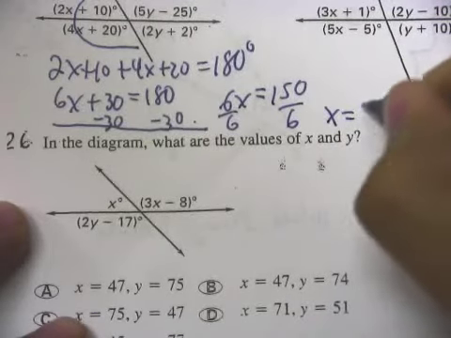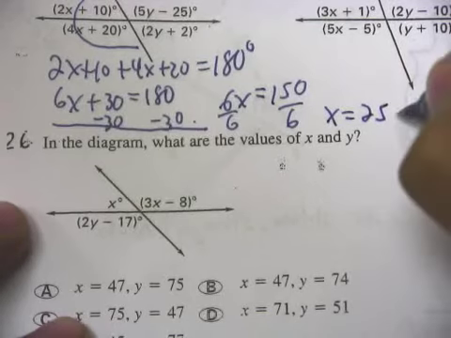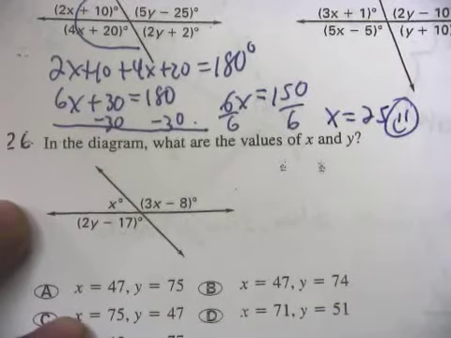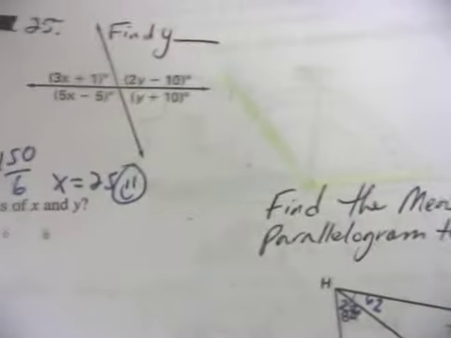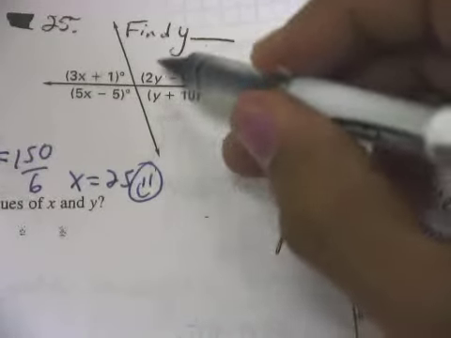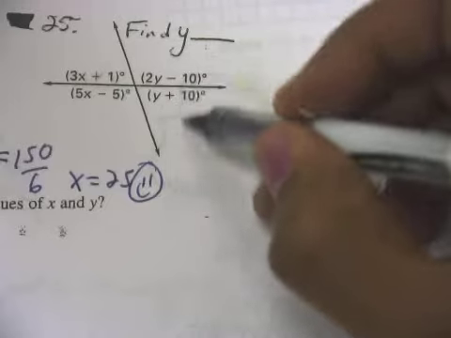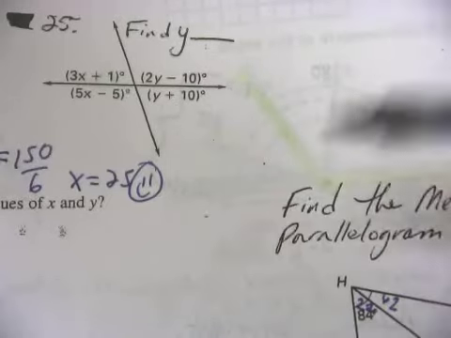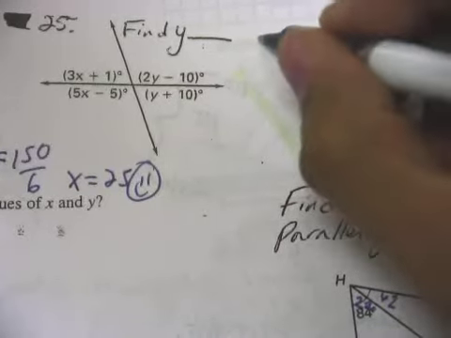Subtract 30 from both sides. And we're going to get, put it over here, 6x is equal to 150. Divide by 6, divide by 6, and x is equal to 25.